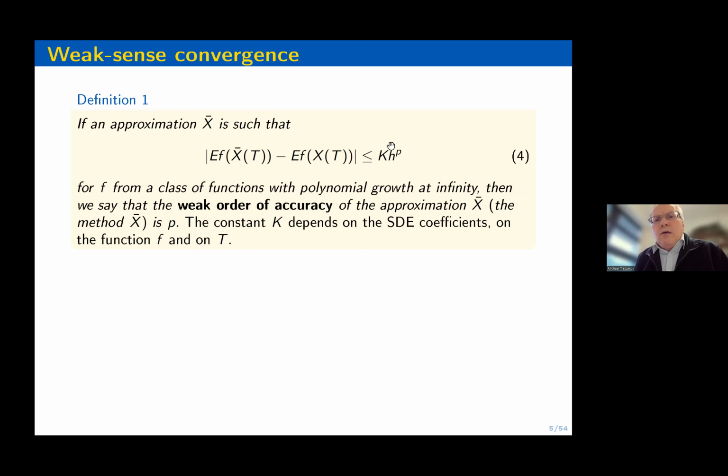Pay attention here that the constant K typically depends on f. We are not trying to find constants which are uniform in some class of f. And the natural class of functions, for obvious reasons, is functions of polynomial growth at infinity. It's obvious from the SDE perspective, but also in terms of the use of methods: if you have some stochastic system, you at least would like to simulate variance and other moments.